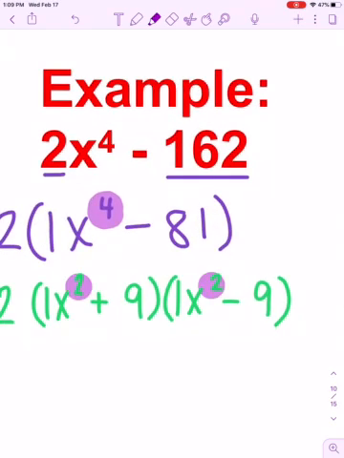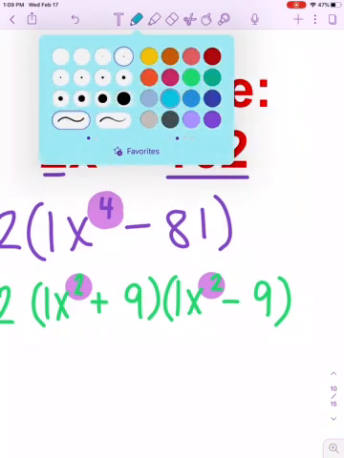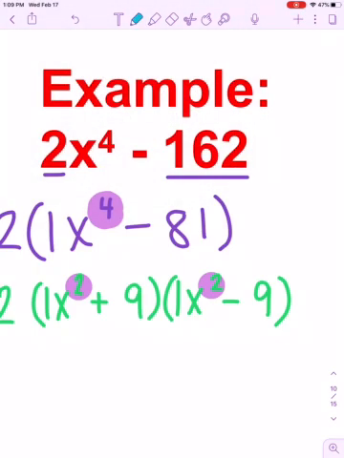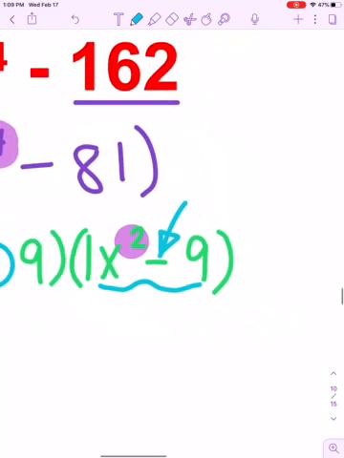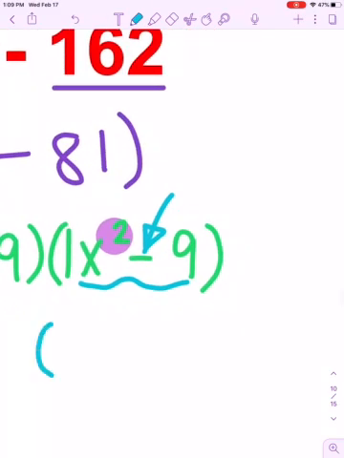Now, hold off, because I still have exponents in my parentheses, so I need to keep looking, okay? Just to make sure. 1x squared is a perfect square. 9 is a perfect square. This one has an addition sign in it, so I cannot do anything further to that. That one's going to have to stay as is. This second one has a subtraction sign in it, so that is the difference of perfect squares again, so I can do it again.